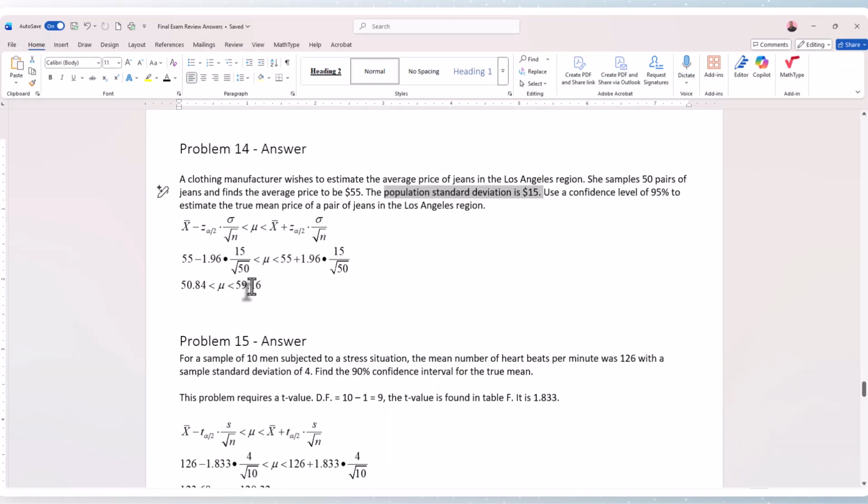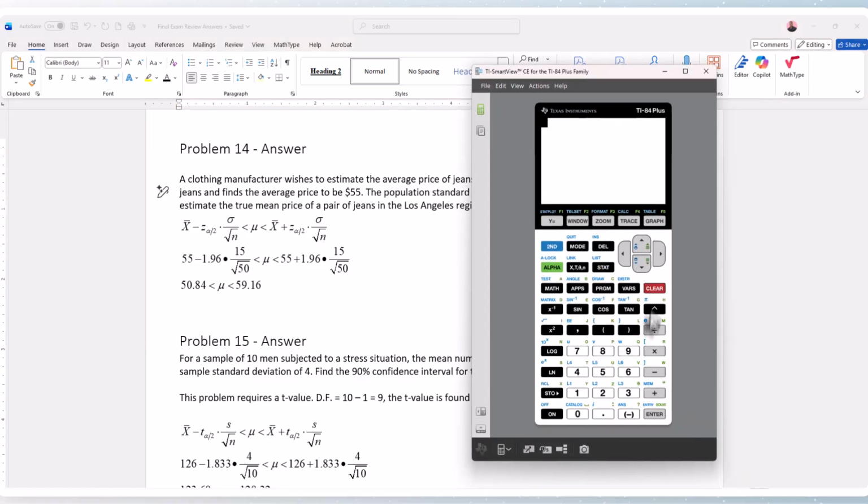And then we calculate this to get that the mean price is somewhere between $50.84 and $59.16. We could also verify this with the calculator. We press Stat, go to Test, go to number 7, Z interval. Make sure we're on Stats. We type in our information, 15, 55, 50.